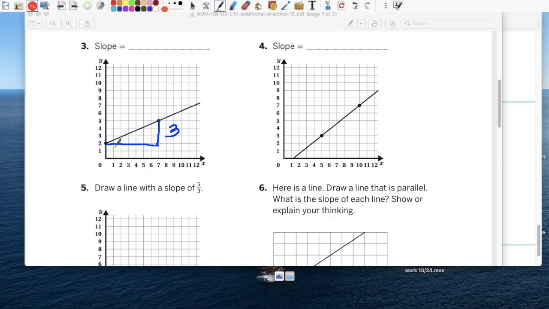Height's 3. Base is 1, 2, 3, 4, 5, 7. So the slope is 3 over 7. Here, what's the slope? 1, 2, 3, 4, and then 1, 2, 3, 4, 5. 4 over 5.